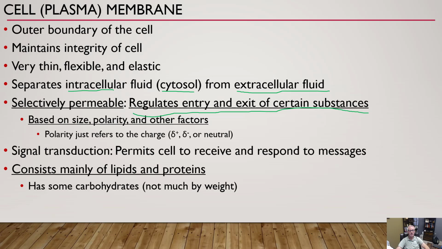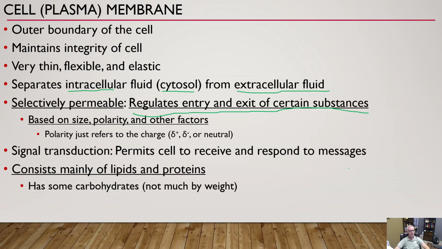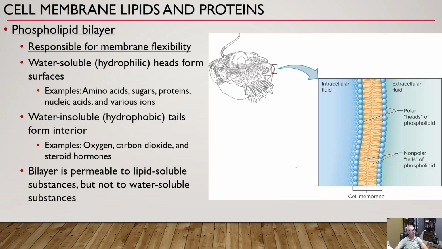That cell membrane consists of a lot of lipids and proteins, and it does have some carbohydrates with it. We'll see a picture of the cell membrane with all of this stuff in a few slides. All right, so just generically, the cell membrane consists of phospholipids.